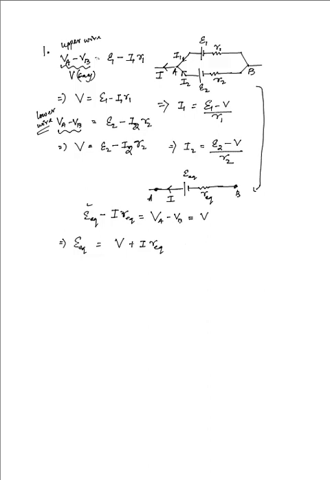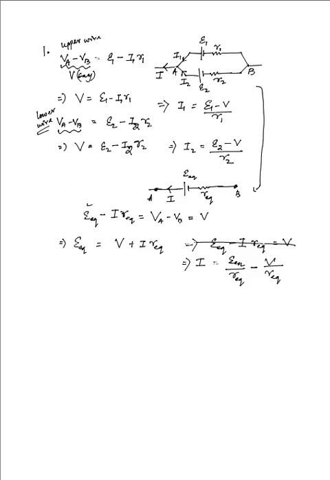Or conversely, we can also write it as E equivalent minus I times R equivalent is equal to V. We actually do not know this, we just want the I, and the current over here will be simply E equivalent divided by R equivalent minus V divided by R equivalent.